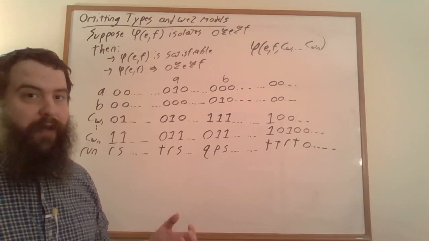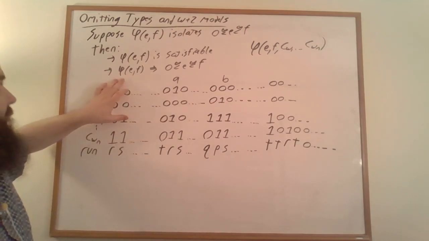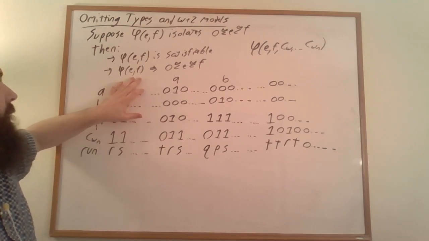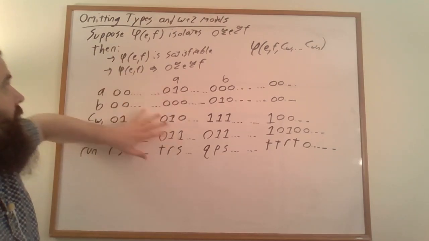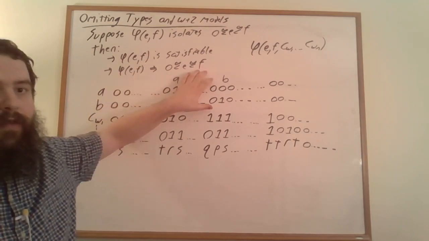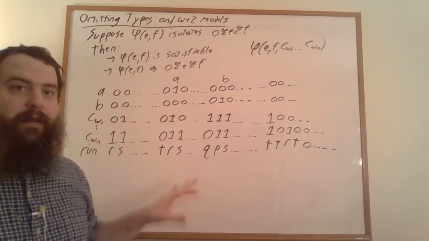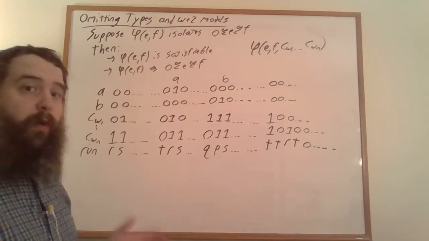And that's where our contradiction is going to come in. Because, again, we said that phi of AB, which is still true in this new model, implies that A and B are infinitely far apart from each other, which is not true in this new model that we're going to construct.